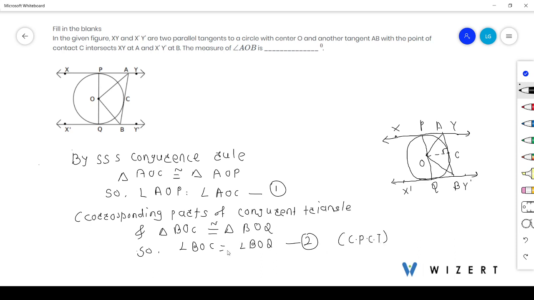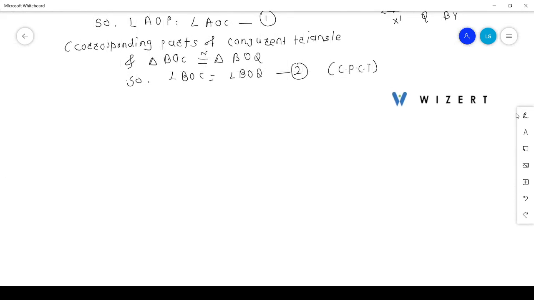Now, for the line PQ, angle AOP, angle AOC, angle BOC and angle BOQ are linear angles.